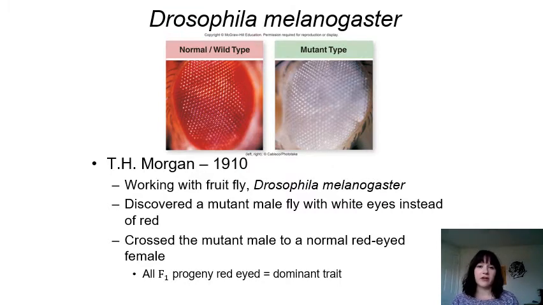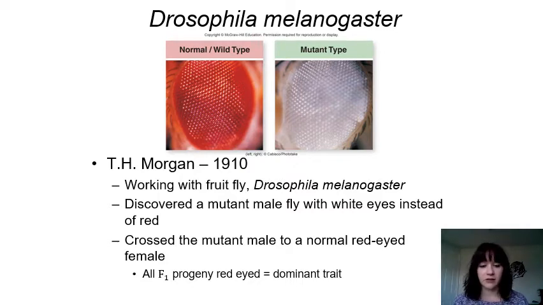The first evidence of sex-linked genes was found by Thomas Morgan. He was working with fruit flies, a very common species used in genetics, and he found a mutant male fly with white eyes. Red eyes are normally seen in flies.